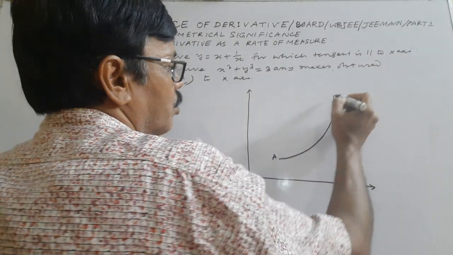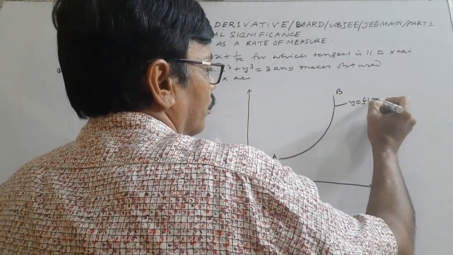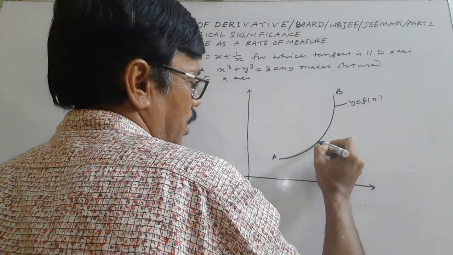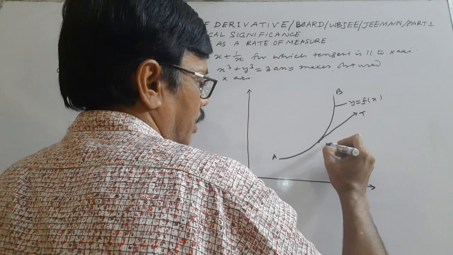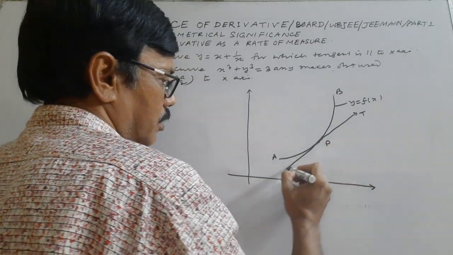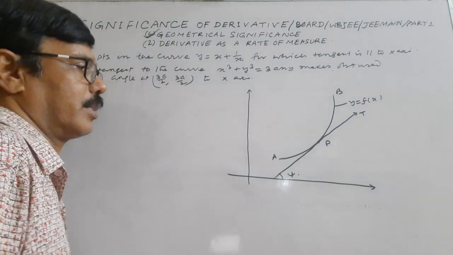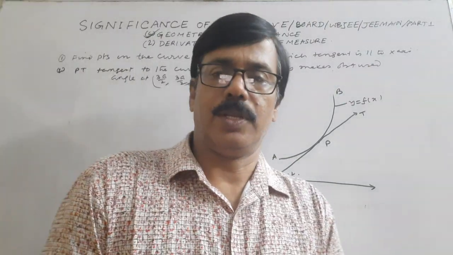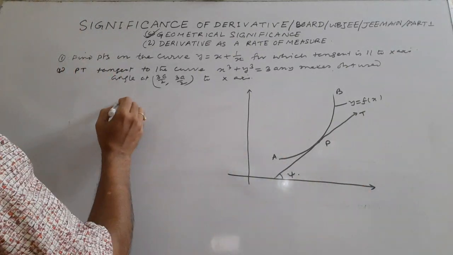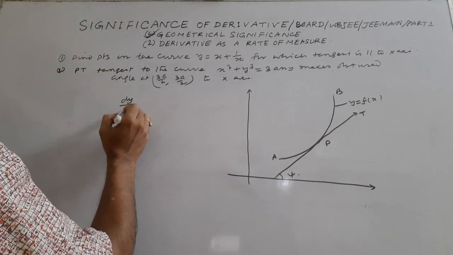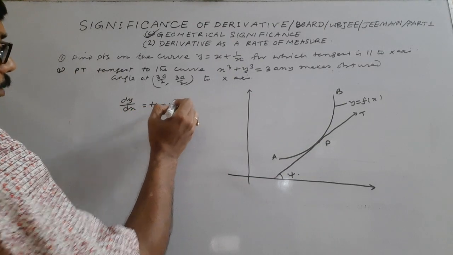So y equals f(x) is any curve. P is any point on the curve and PT is the tangent. The tangent makes an angle psi with the x-axis. From the derivative, I have already deduced dy by dx equals tan psi.